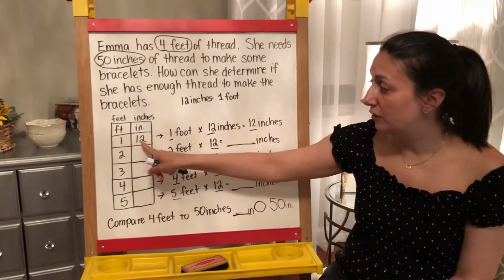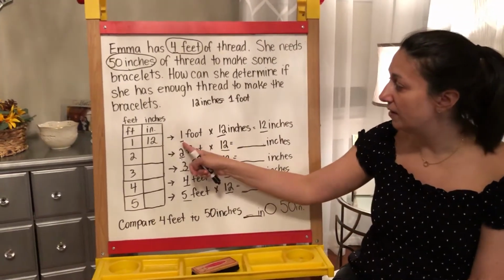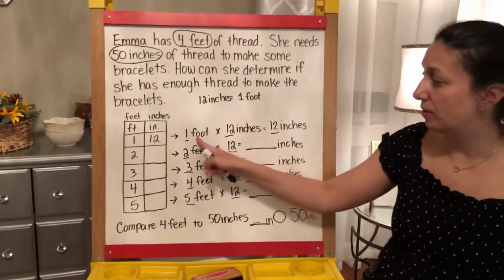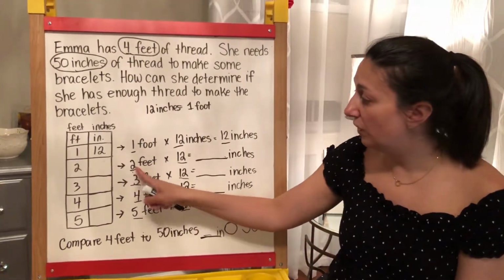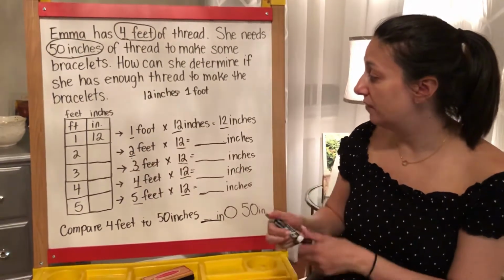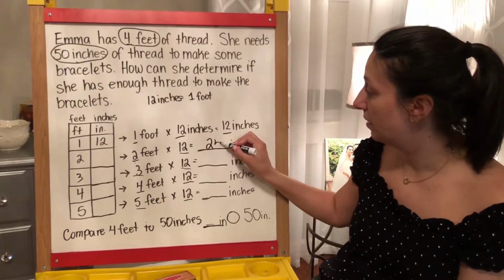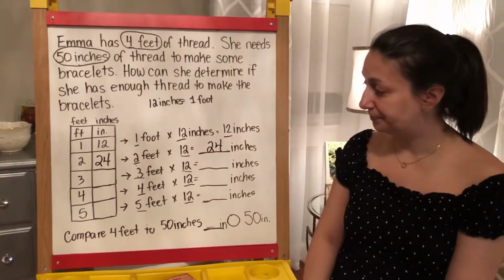So 1 foot is 12 inches. We can look at an equation and say 1 times 12 is 12. 1 foot times 12 inches is 12 inches, okay? 2 feet times 12. 2 times 12 is 24. So 2 feet is 24 inches.